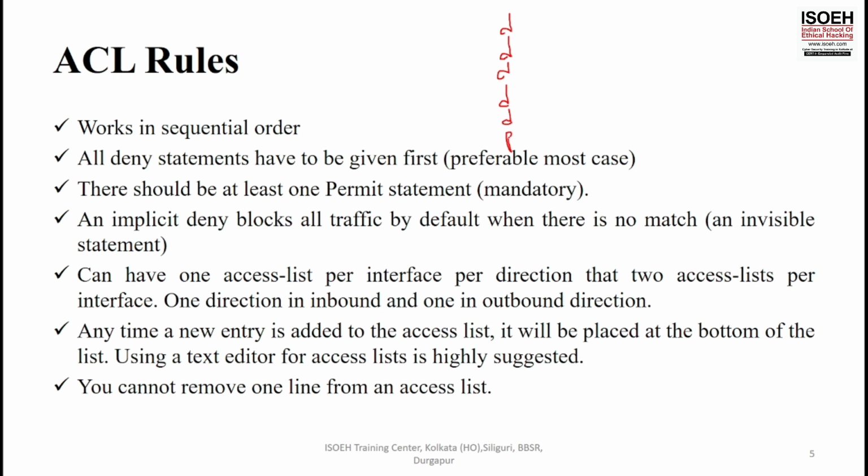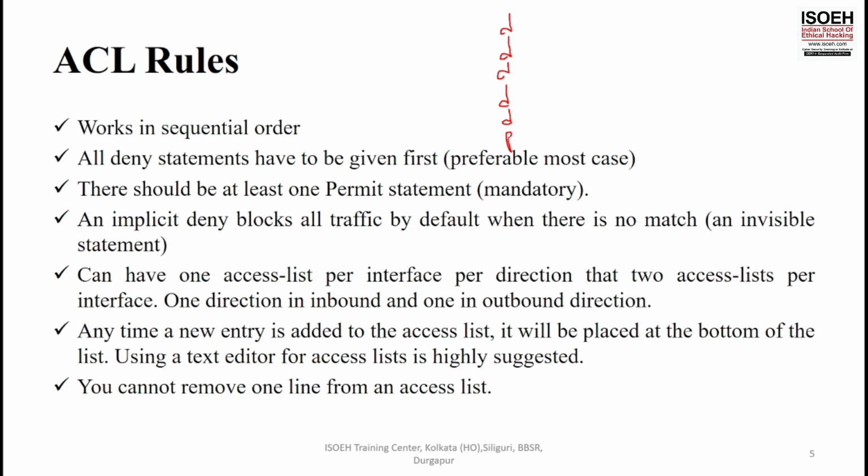If you forget the permit statement when applying the ACL, the policy will not work properly, because at least one permit should be applied; otherwise all services will be denied. So always keep in mind during ACL configuration that there should be at least one permit statement. An implicit deny blocks all traffic by default when there is no match in the visible statements.